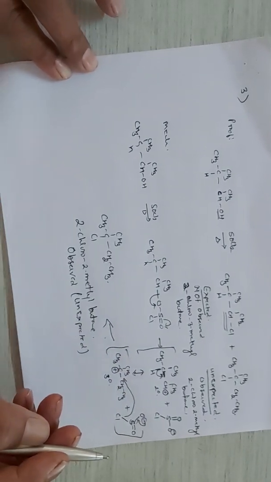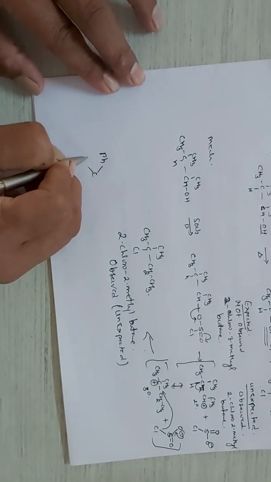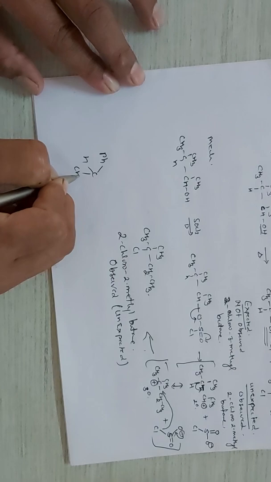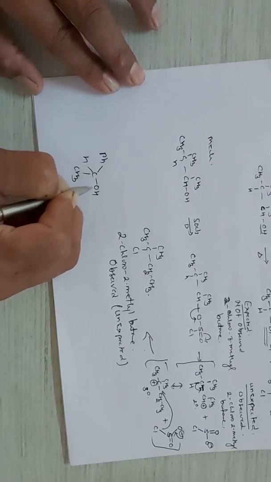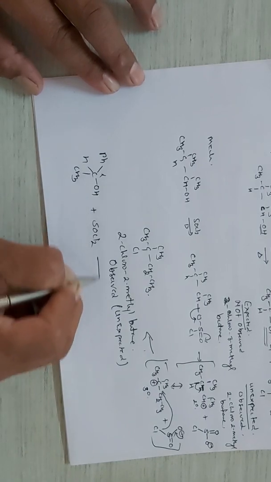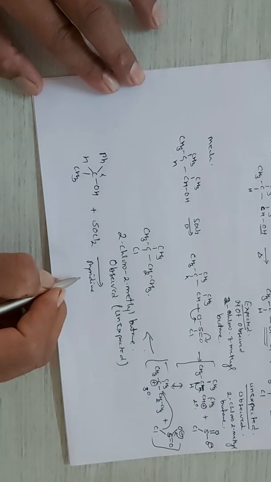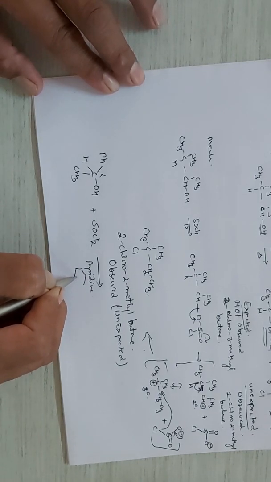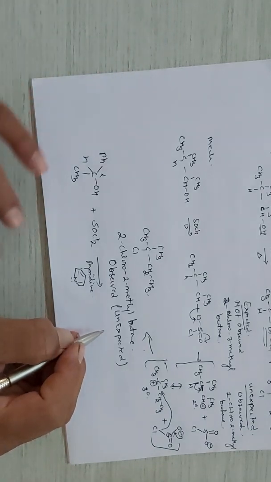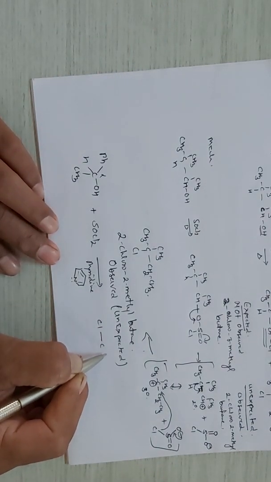But now if you carry out the same reaction in presence of thionyl chloride and pyridine as a catalyst, that is the base, the reaction gives you inversion in configuration.